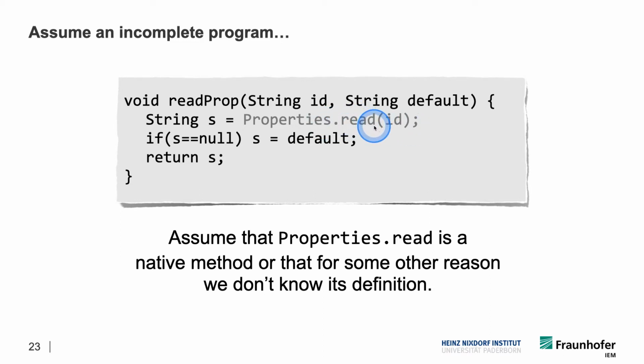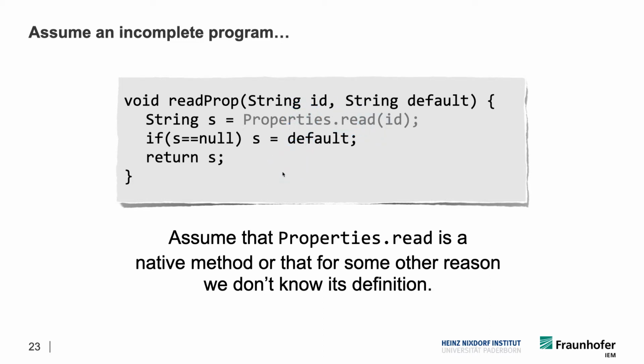It will not know what the body of read looks like, what this method actually does. Okay, it could also be a native method. That would be another reason for why it might be not analyzable for the static analysis. So that's a relatively realistic setting. But now let's assume we want to do some alias analysis, for instance.